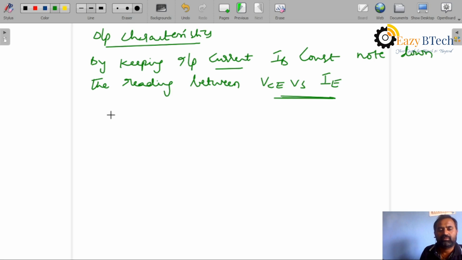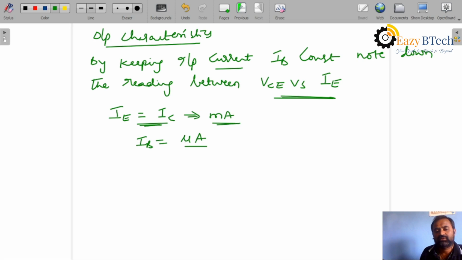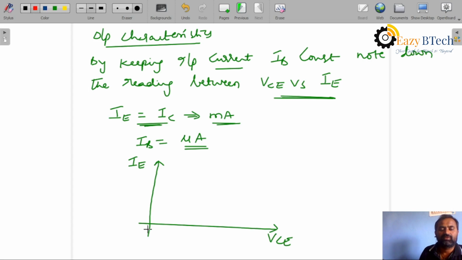Okay, because in a transistor IE is equal to IC, both in the magnitude of milliamperes. IB is in microamperes. Now if you draw the graph, this is IE, this is VCE, and the graph is similar to that of the common emitter configuration.